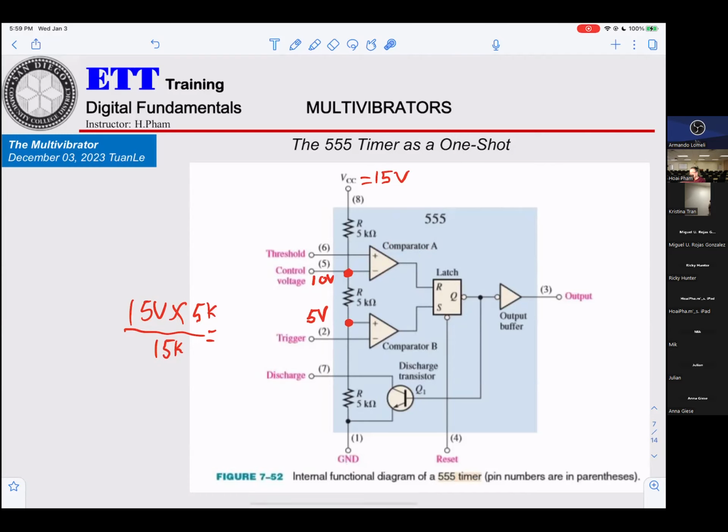This is the op-amp. If they connect this way, it's a comparator; they compare the positive input to the negative input. If the positive input is higher than the negative input, the output is logic 1. If the negative input is higher than the positive, the output will be logic 0. And the same thing applies to the second comparator.